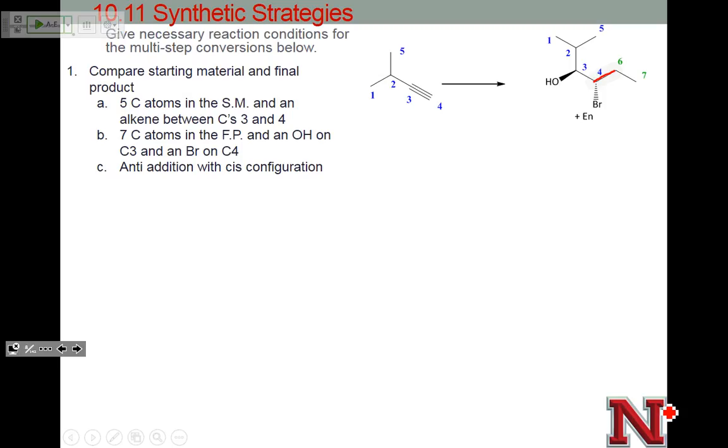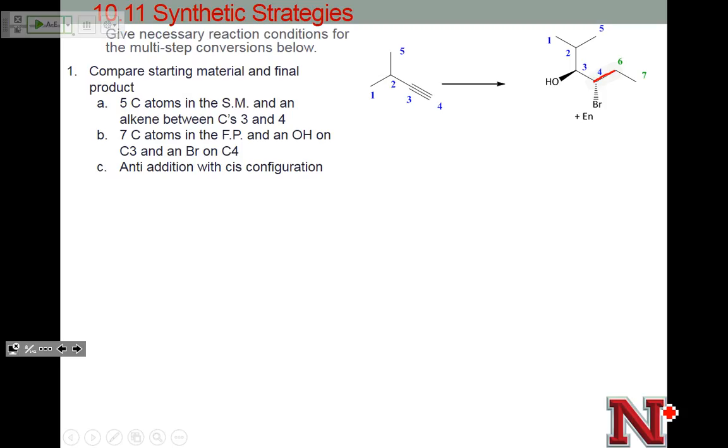How many pi bonds are in a triple bond? So how many times can it do an addition reaction? So if I add one equivalent of Br2, how many times will that add? But what will be left over? If it adds once, because I have one equivalent, what will be left over? A pi bond.